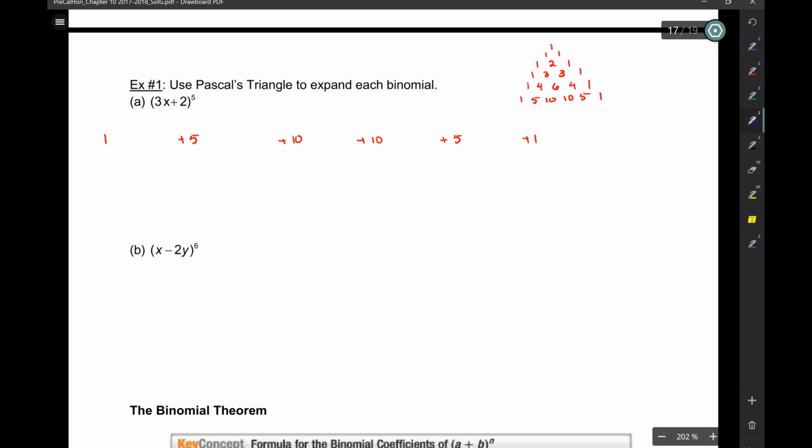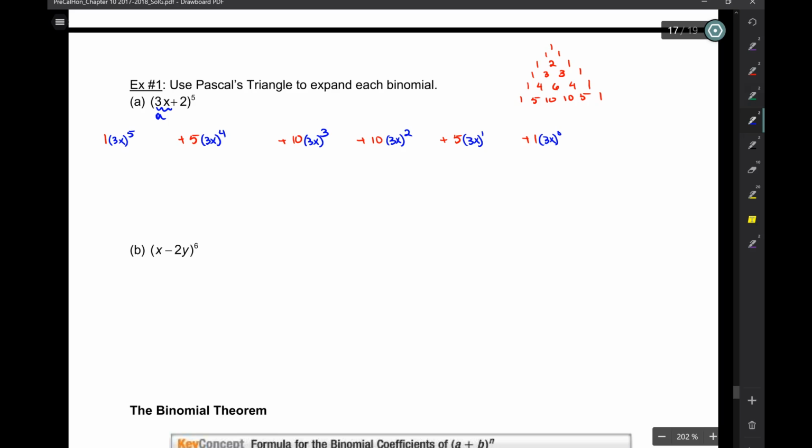Okay, now, this 3x is my a. So remember how the exponents of a go: it starts with n, goes down to 0. So here I'm going to get 3x to the 5, 4, 3, 2, 1, 0.